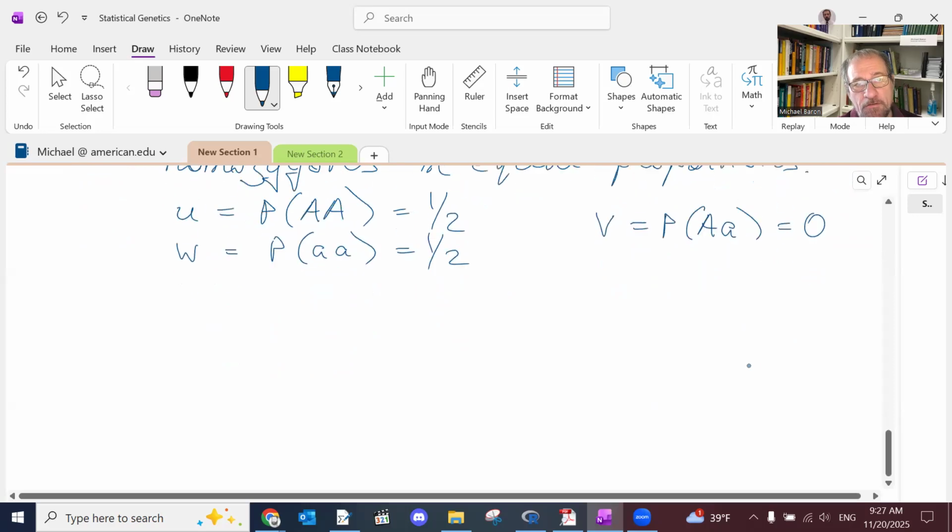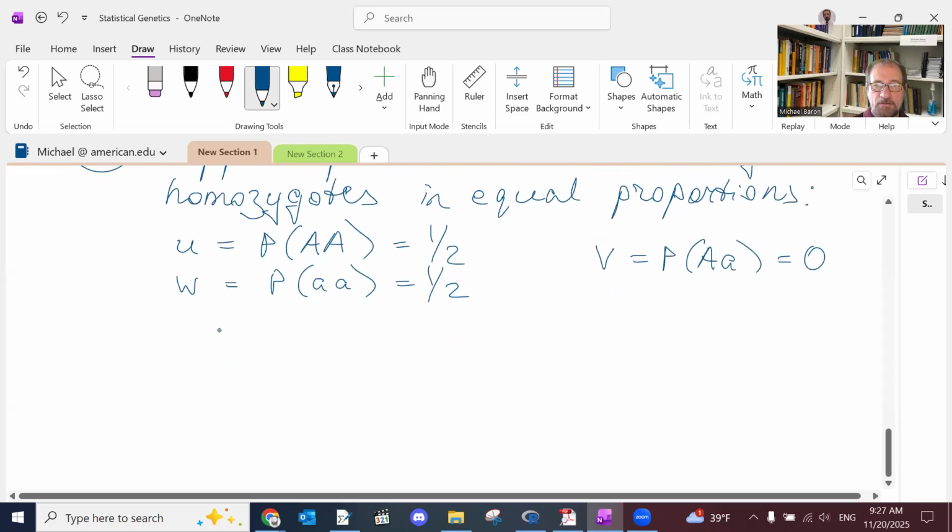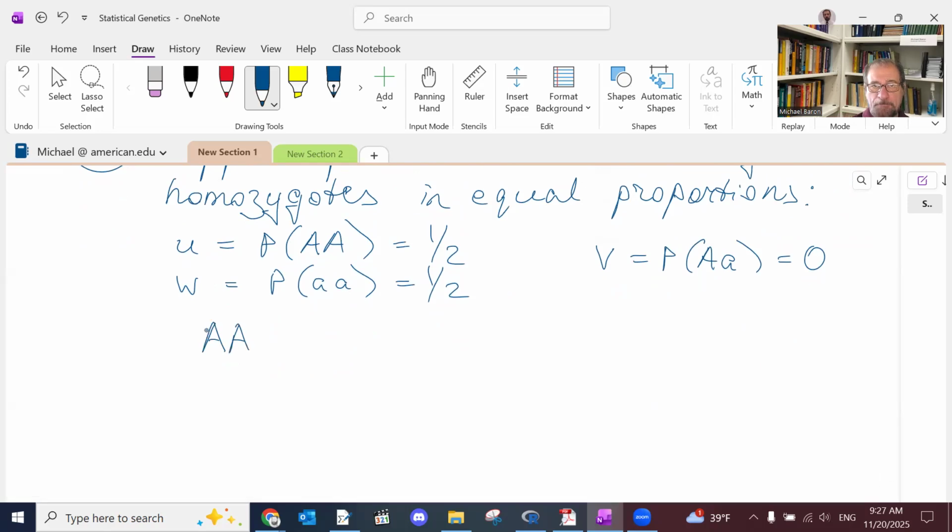So every child has one parent, doesn't matter, father or mother, AA, and another parent, AA, or AA and little aa, or both little aa.